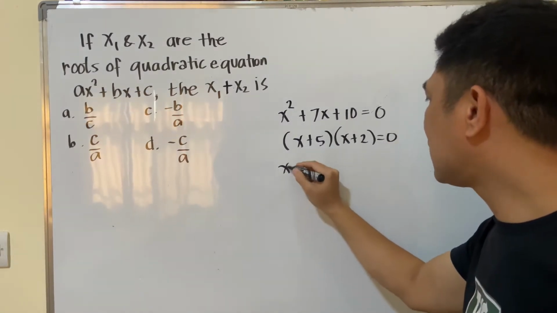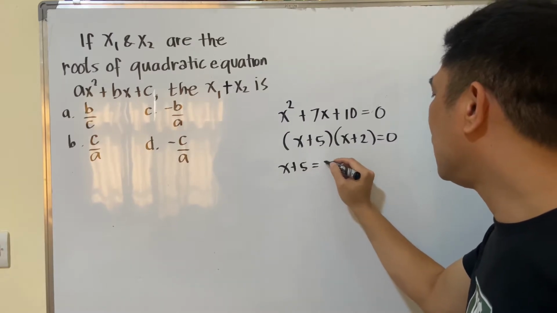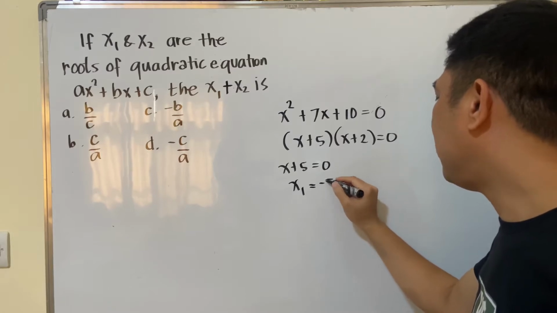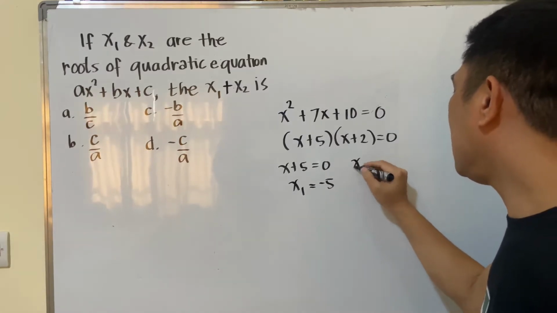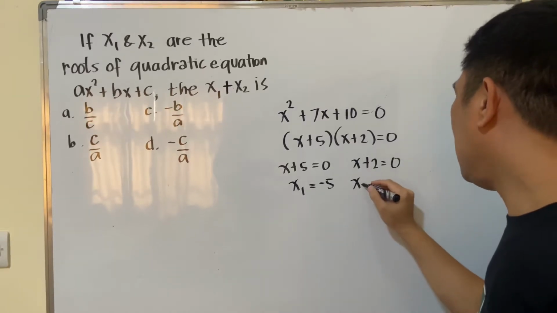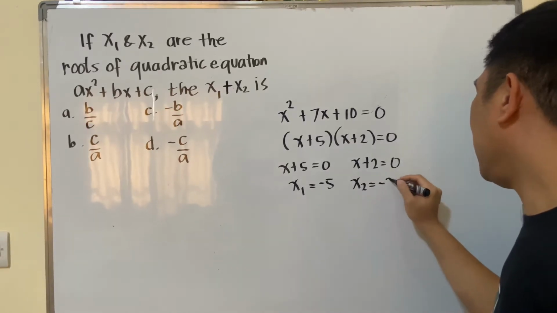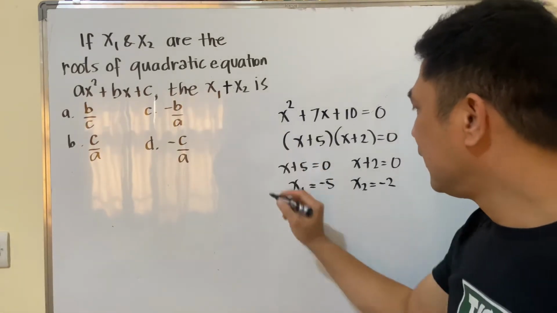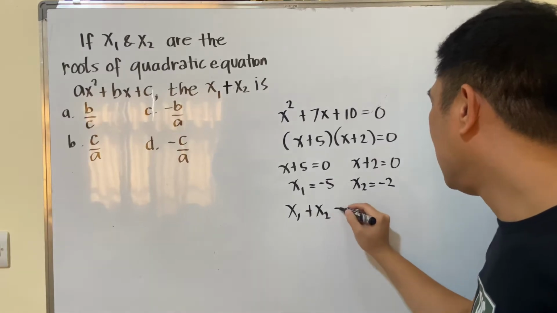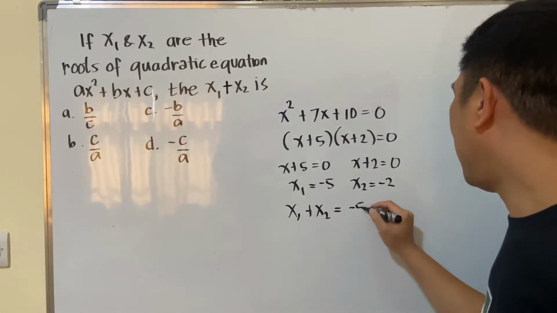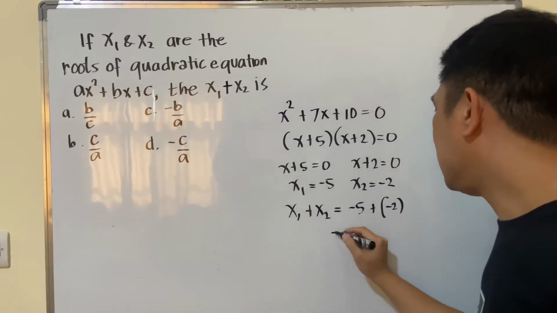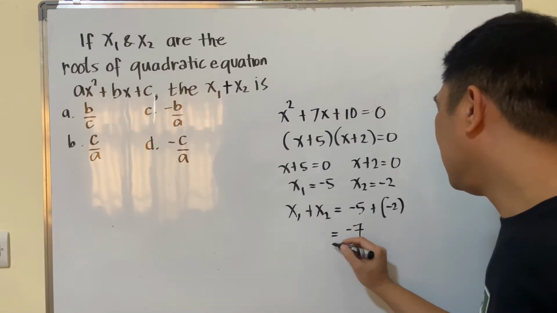Therefore, x plus 5 is equal to 0, so our first root x1 is equal to negative 5. The second one is x plus 2 equal to 0, so the second root x2 is equal to negative 2. Therefore, the first root plus the second root is negative 5 plus negative 2, which is equal to negative 7.